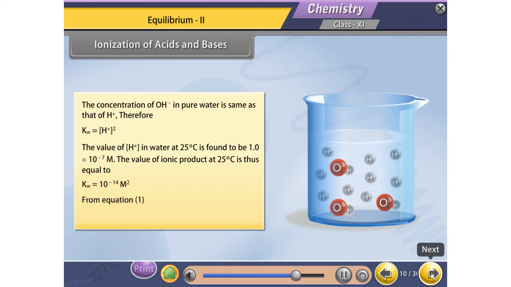From equation 1, for a neutral solution, concentration of H+ is equal to concentration of OH-, which is equal to the square root of Kw.